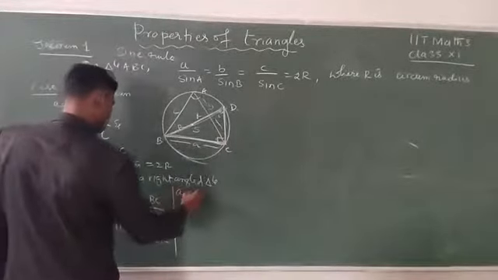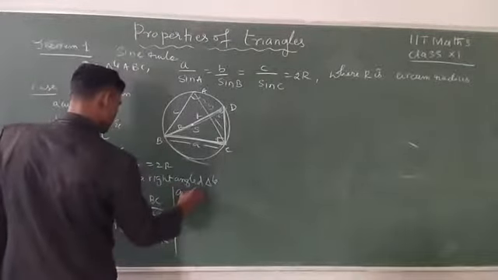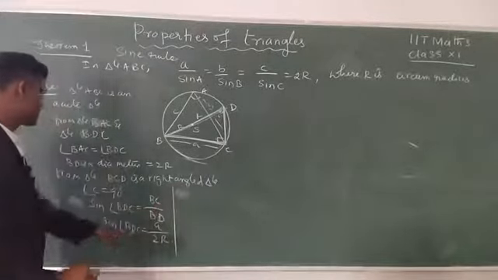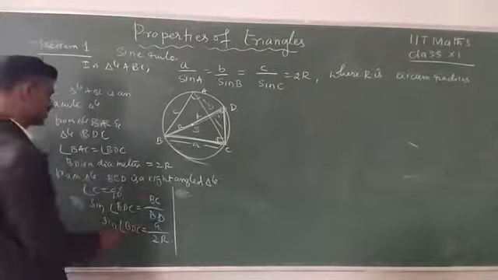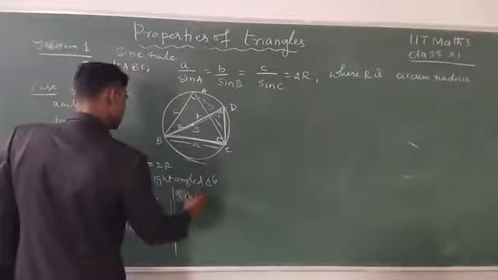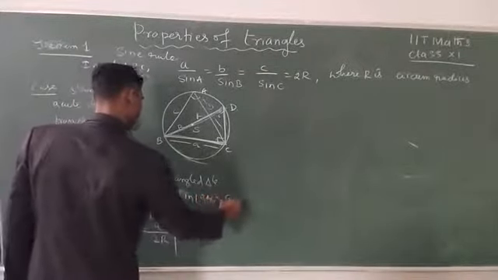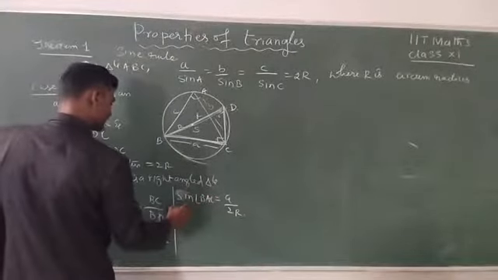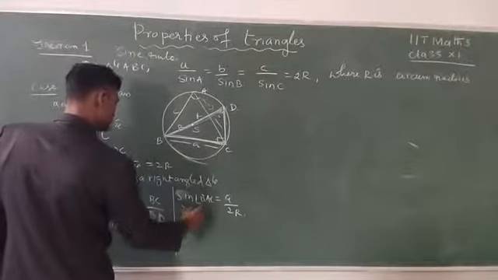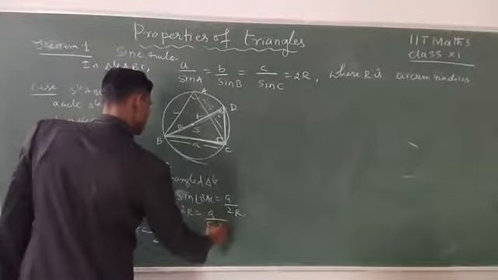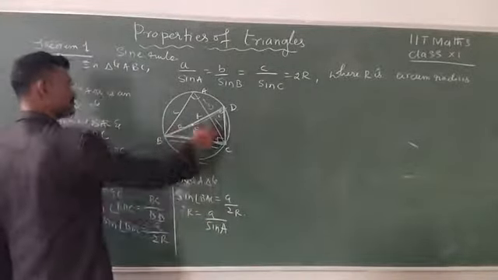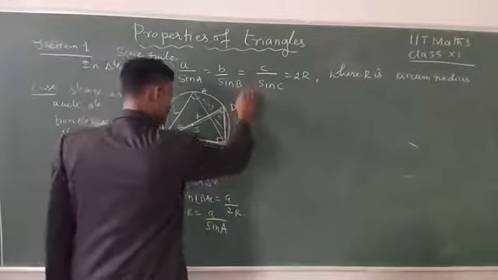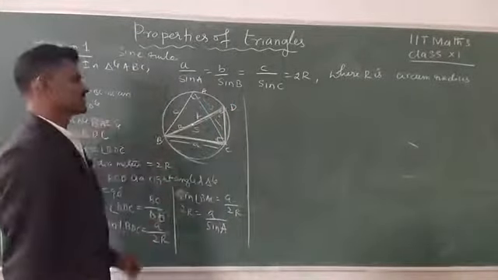BD is equal to BAC, so sine angle BAC is equal to A by 2R. That means we can rewrite this as 2R is equal to A by sine A. Angle BAC means sine A. This is the first case.